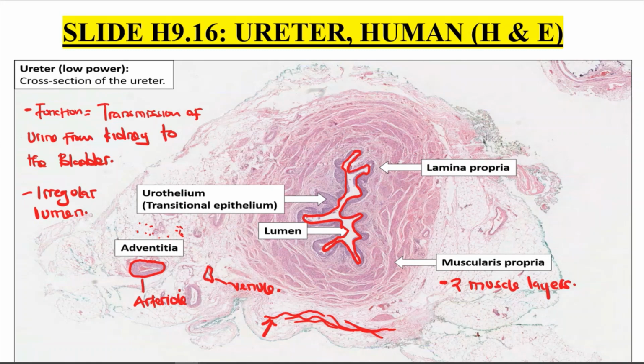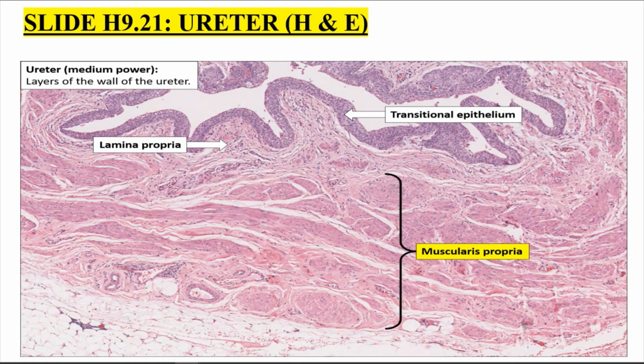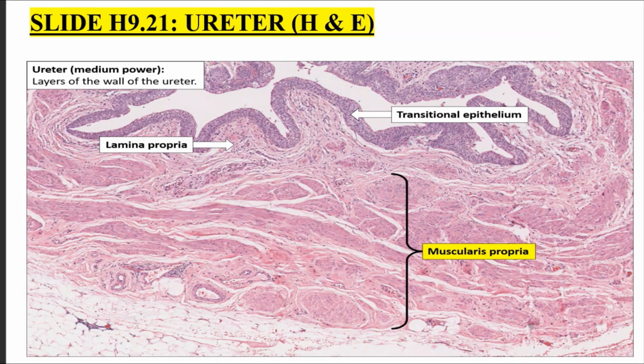All right, so now let us look at the ureter at high power. You can see that the lumen is irregular there.